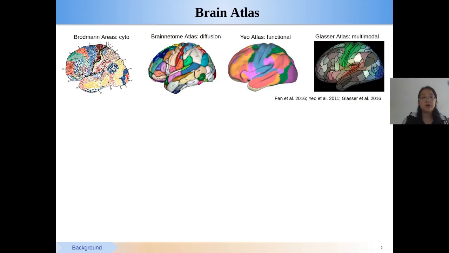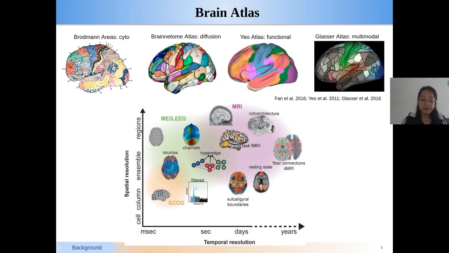For instance, the Brodmann Atlas, which is based on the cytoarchitecture, and the Brain-Network Atlas, which is based on diffusion tractography, and Yeo's famous functional atlas, which was defined based on functional connectivity, as well as the Glasser Atlas, which merged multimodal information into one combined atlas. This figure shows how many different modalities of imaging data you can use.